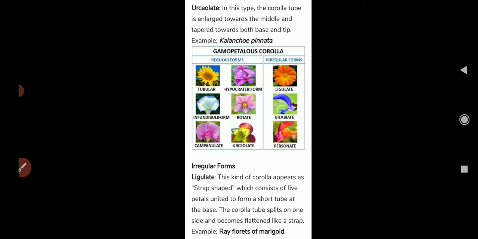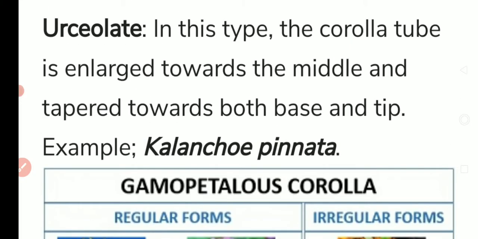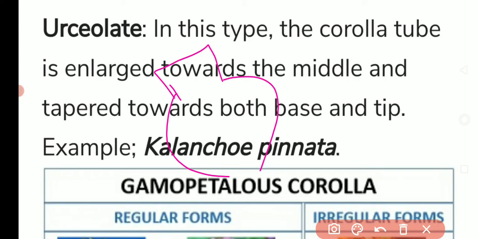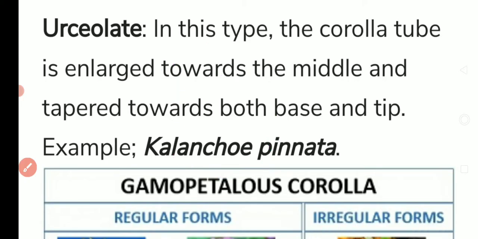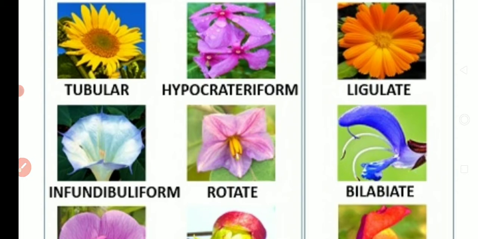And urceolate, it's like an urn, no, it's enlarged towards the middle and towards the base, and the tip will be a little bit small, like an urn shape, urceolate. So let's look again. Tubular in the sunflower, we're talking about the disc floret. Hypocrateriform.